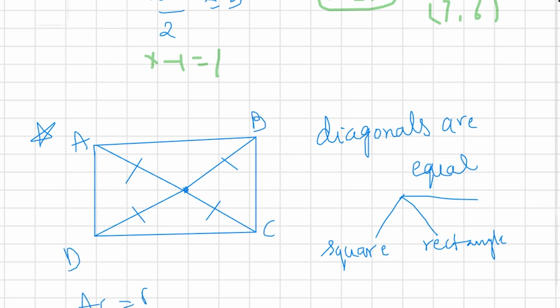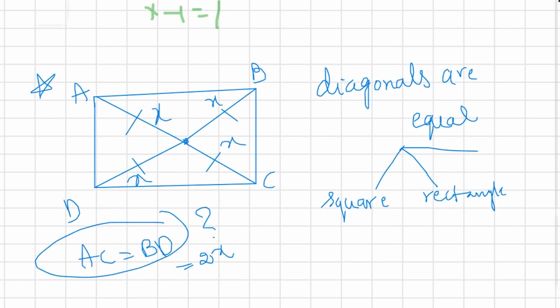Can you say that AC is equal to BD in this case? Let's say if this is x, this is x, it is equal to 2x. AC is equal to 2x, BD is also 2x. So diagonals are equal. That is the first point. So it becomes either square, rectangle, or rhombus.